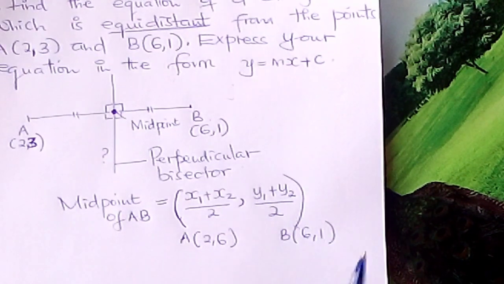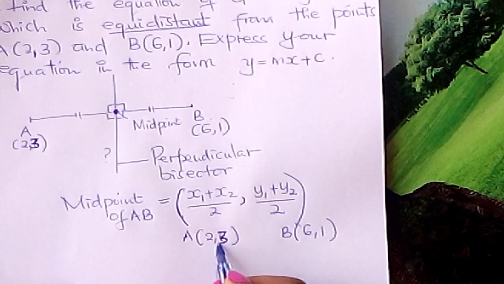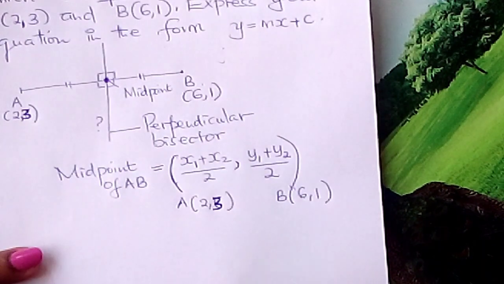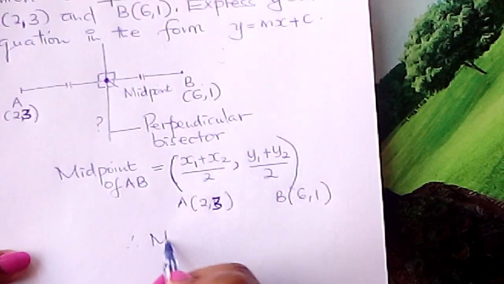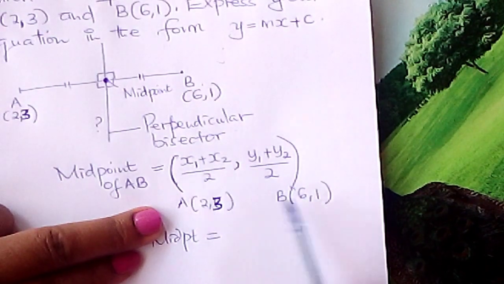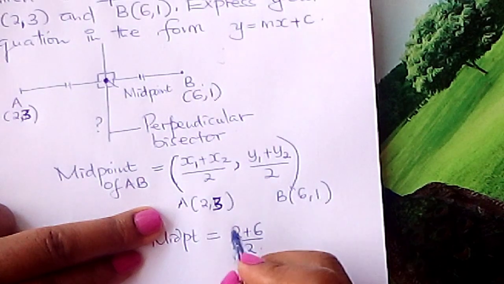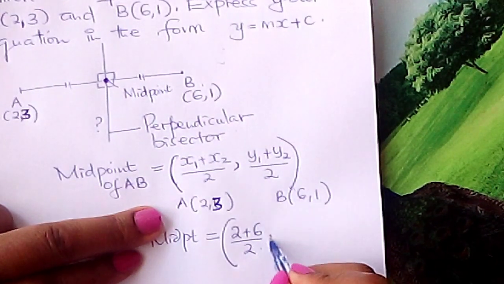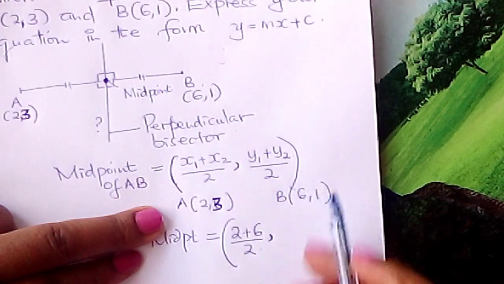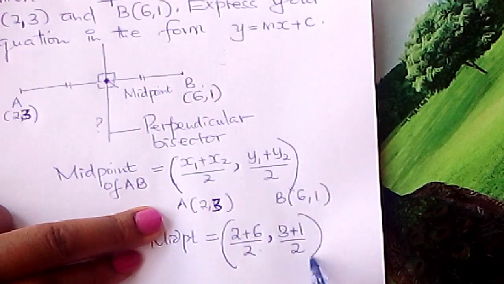So, therefore, midpoint, learner, will be equal to what? This plus this, 2 plus 6, divide by 2, the x's, comma, remember to put that comma, 3 plus 1, the y's, divide by 2.